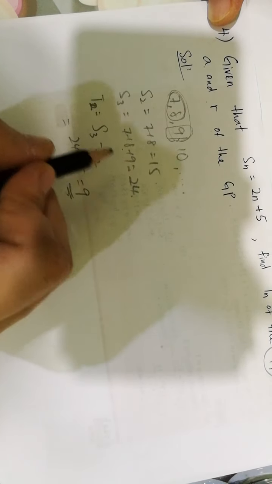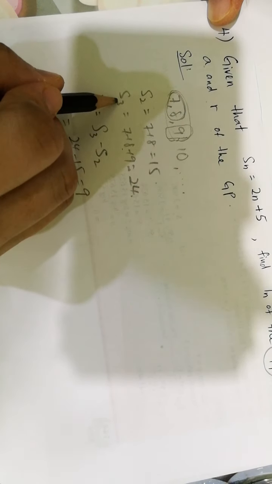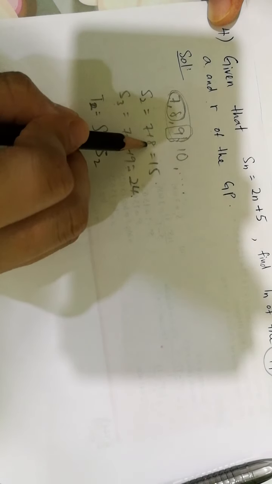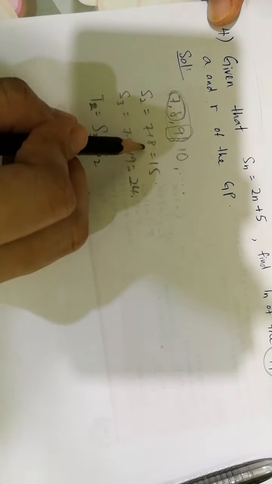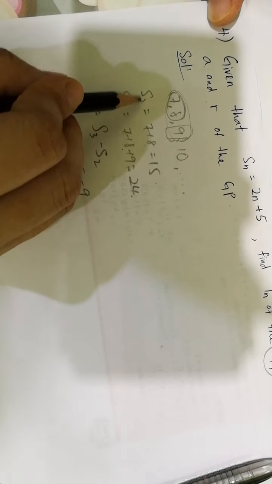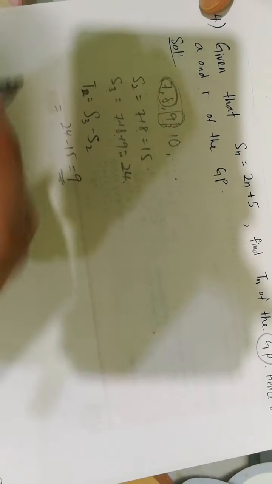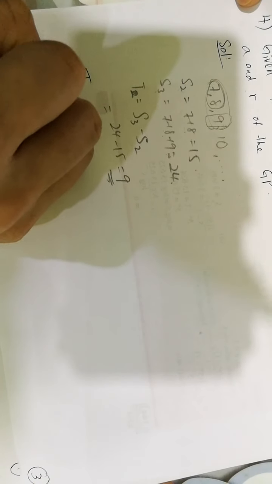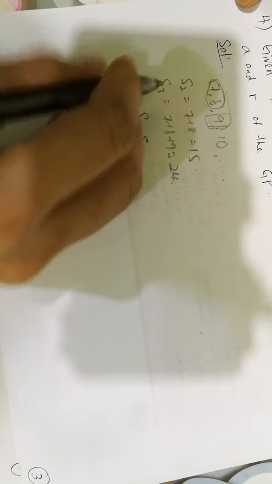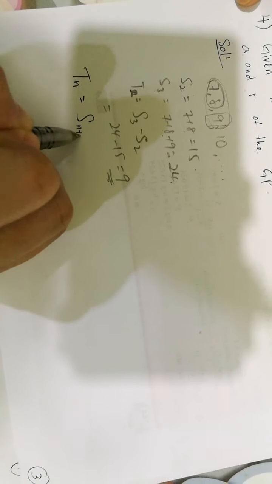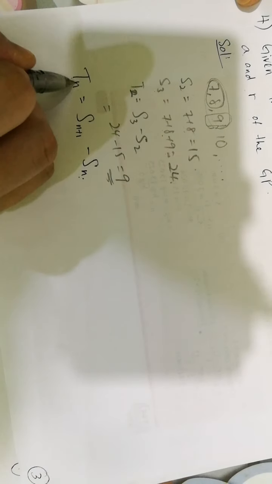S3 I add 3 numbers, S2 I add 2 numbers. So similarly, I can derive a formula saying that if I want to find Tn, Tn is S(n+1) minus Sn.